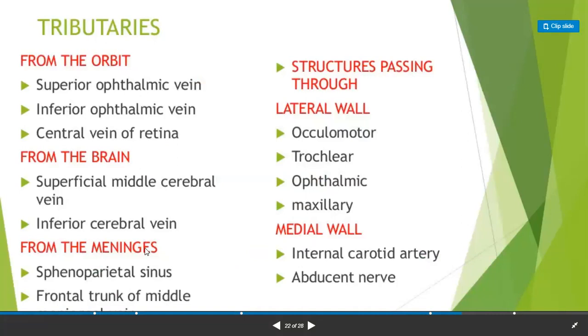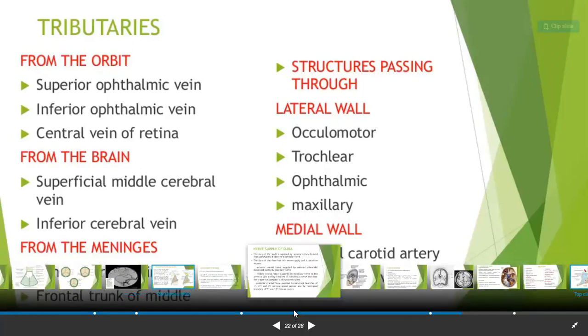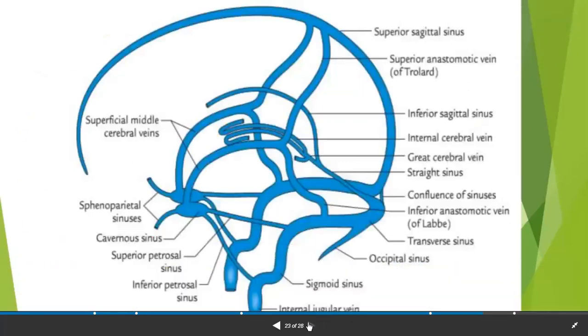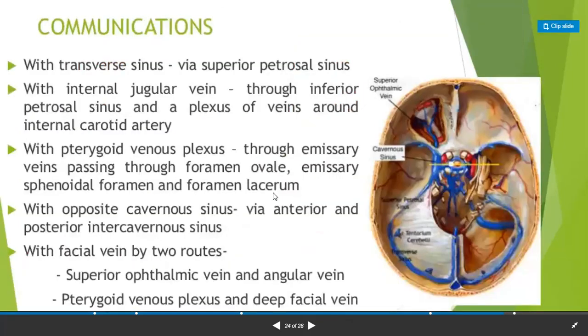From the meninges, we have the sphenoparietal sinus, then the frontal trunk of the middle meningeal vein. Structures passing through the lateral wall, as I have just shown you in the picture: oculomotor, trochlear, ophthalmic, and maxillary. The medial wall is related to the internal carotid artery and abducent nerve. Okay, so all these are the things. So this is the cavernous sinus.